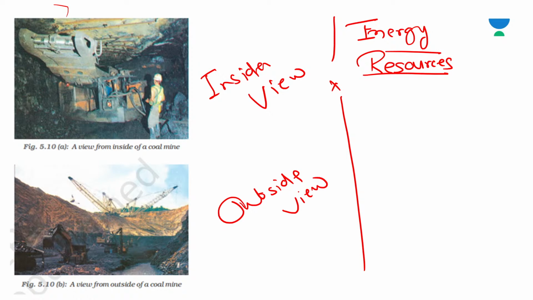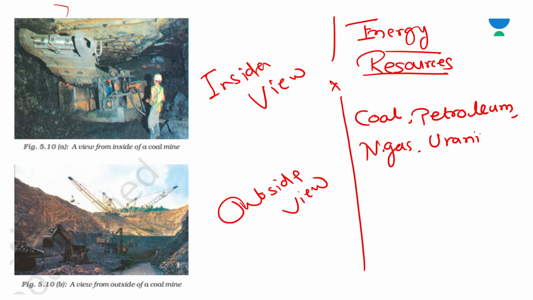Energy can be generated from fuel minerals like coal, petroleum, natural gas, uranium, and from electricity.